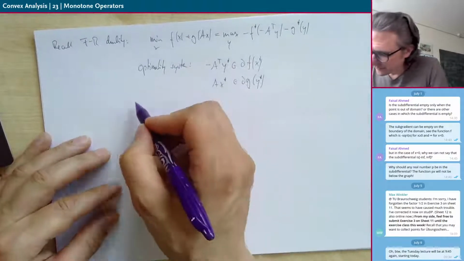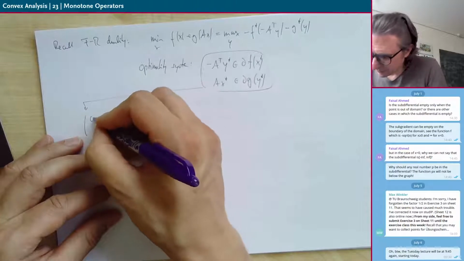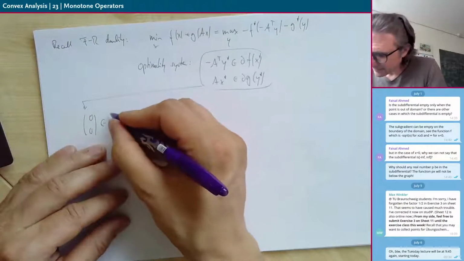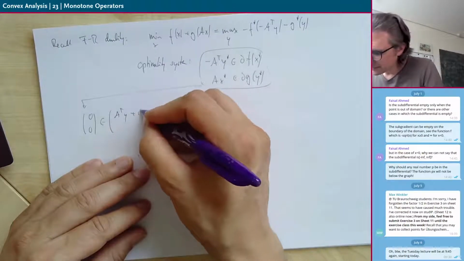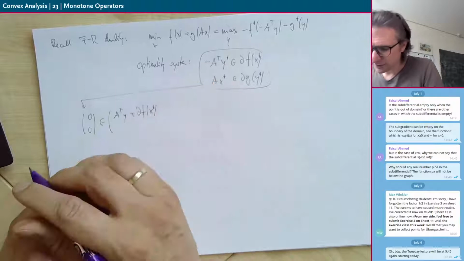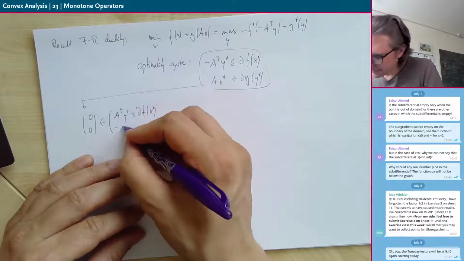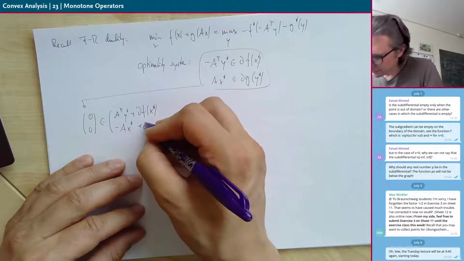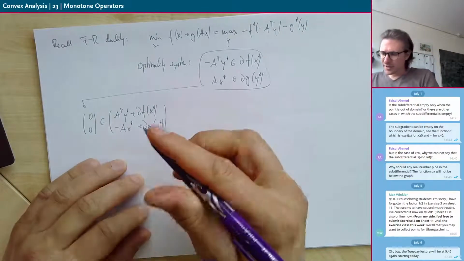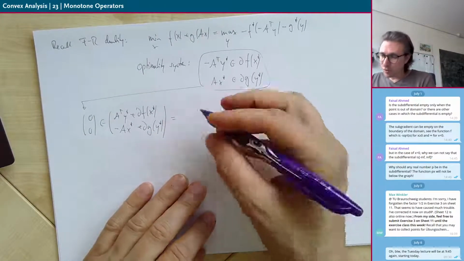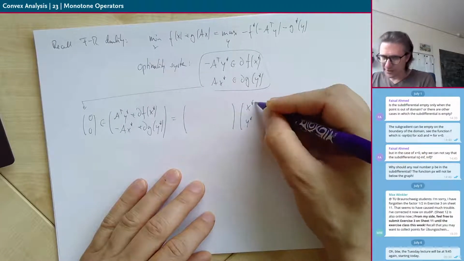So let's write this in a different way. We can write this as: 0 is in, and in the first line I write A transpose y star plus the subgradient of f at x star. And down here we have minus A x star plus the subgradient of g star at y star. So now we write this as a block monotone operator.